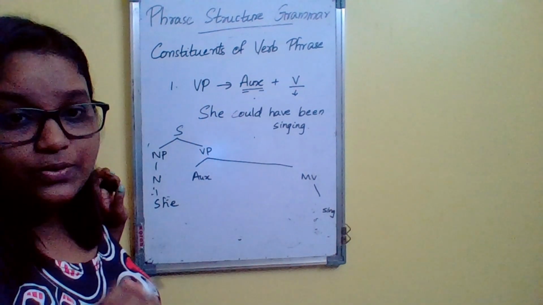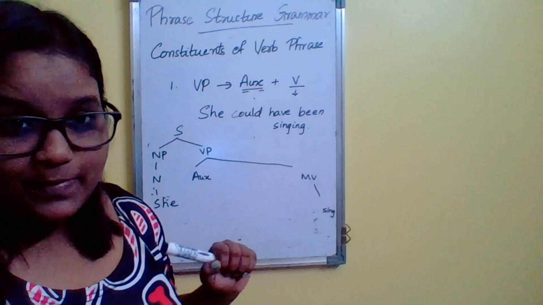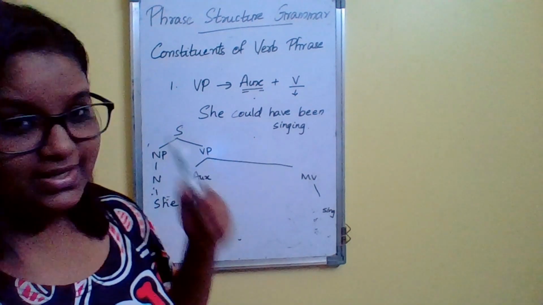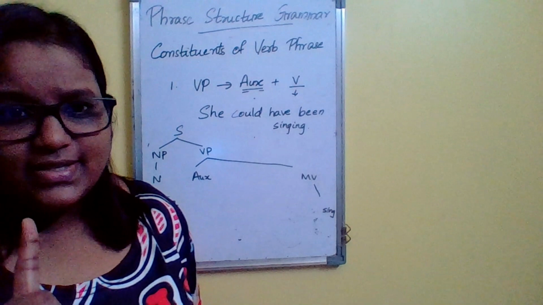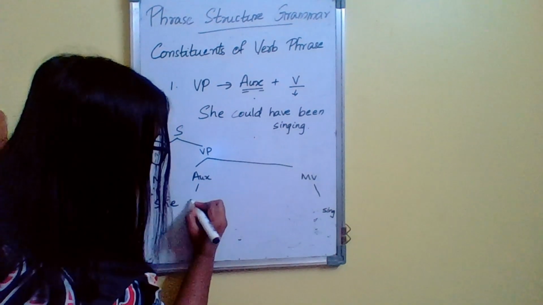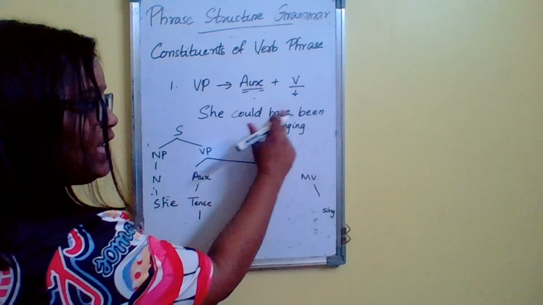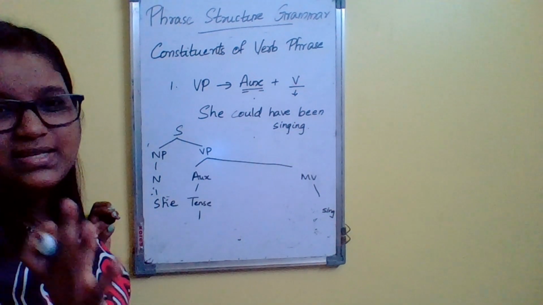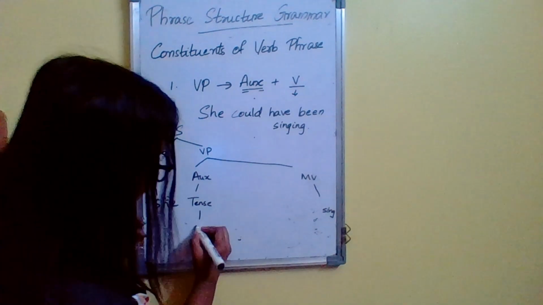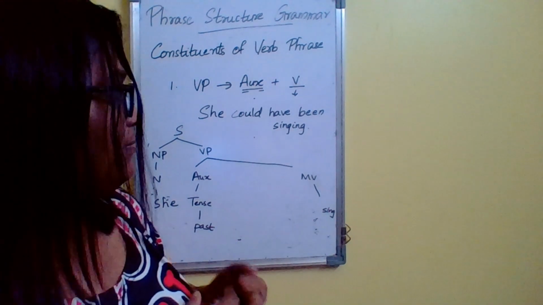Now we have to discuss what all parts there are in this particular sentence. First of all, auxiliary has tense. Tense is a staple. You have to write that down first. Tense. Could means it is past.